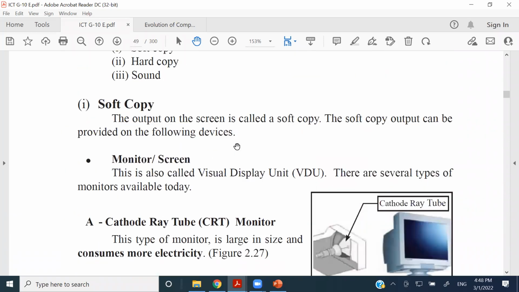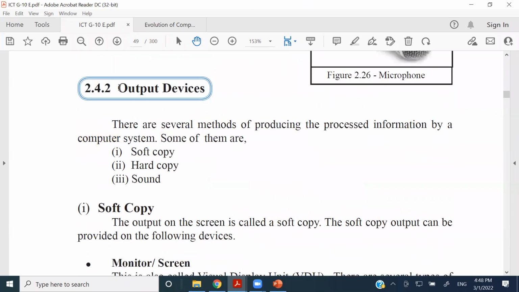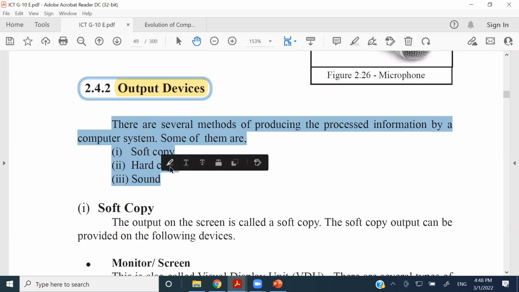Right, so again, we are not going to go into much detail, people. We are just going to mention these things. So output devices are the main topic, and it's better you write about these things.